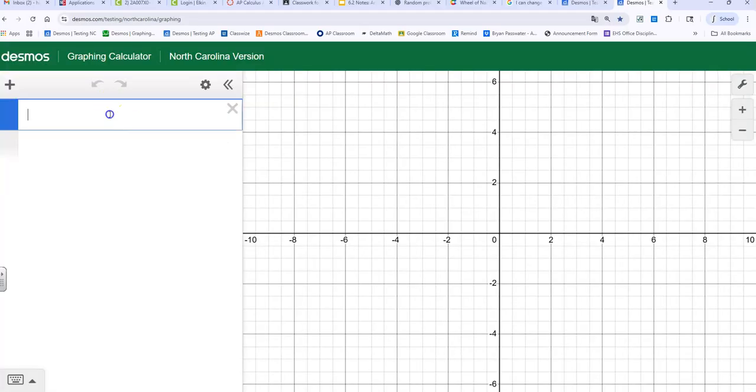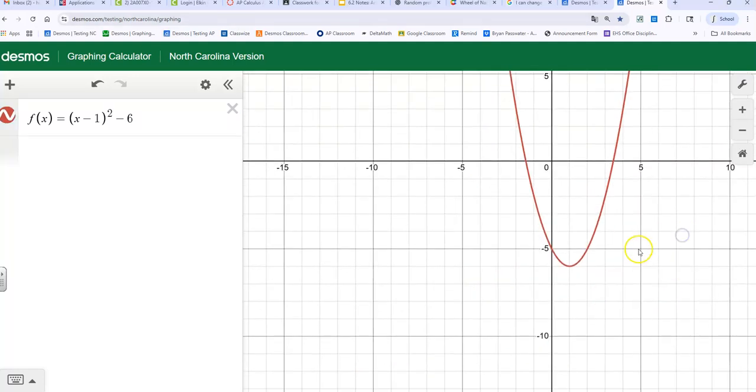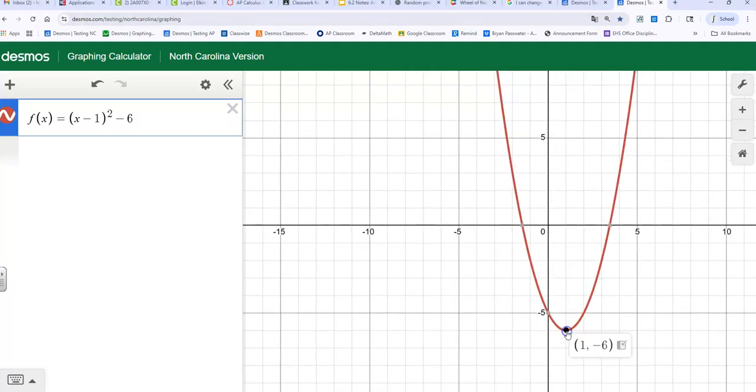If I just have f of x equals x minus 1 squared minus 6, something like this, this point right here is an absolute minimum. You could still call it a relative minimum as well. The most specific name for it is an absolute minimum, but sort of all absolutes are also relative.